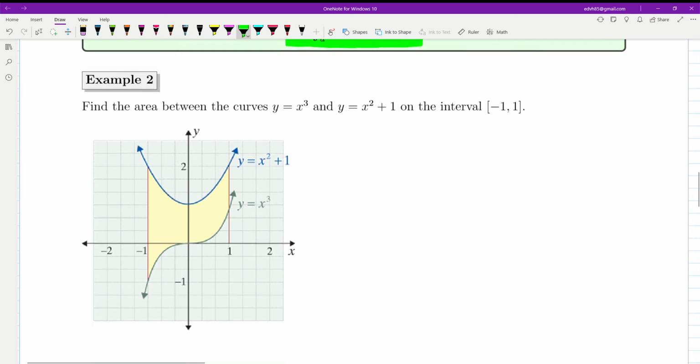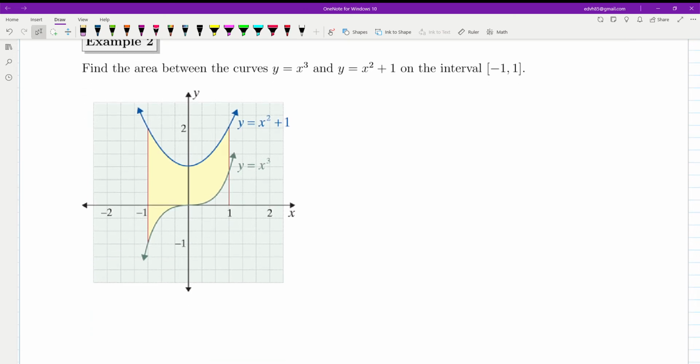All right, and let's look at a couple of examples right here. So let's find the area under the curves y equals x cubed and y equals x squared plus 1. So area, which is the integral from a to b of f of x minus g of x. We need to be careful when setting which one is our f of x and which one is our g of x.